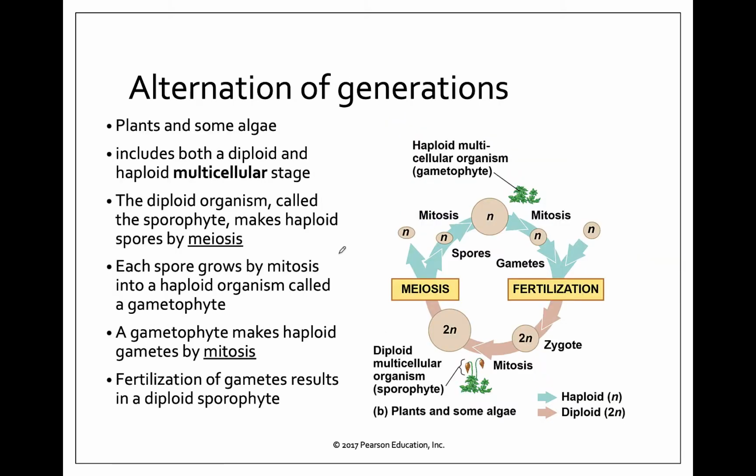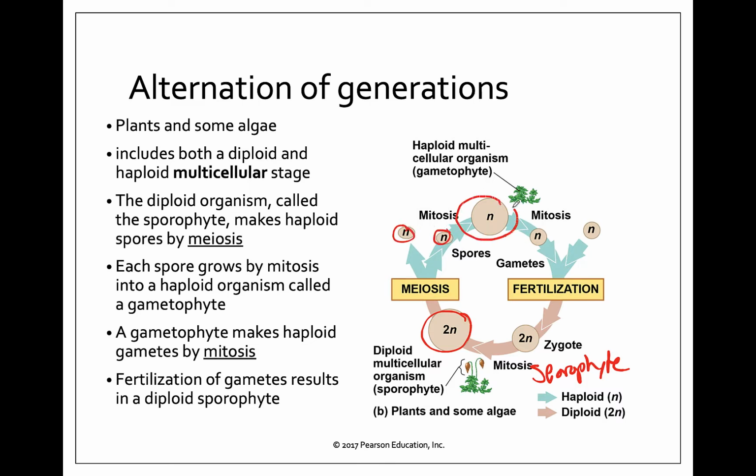Plants and algae go through a different type of life cycle called the alternation of generations, where they actually have two different multicellular stages. The big part of a tree or grass or plants that you're seeing outside is usually this large diploid body, which is called the sporophyte, which creates haploid spores.